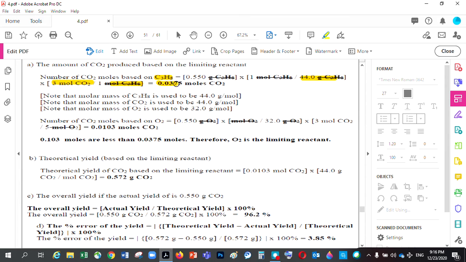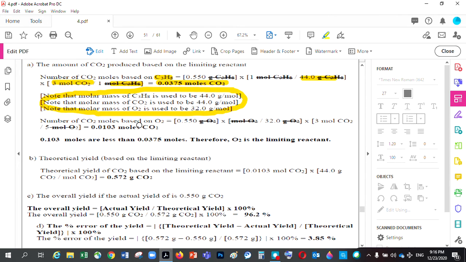So I get the value of 0.0375 moles of CO2. That's the amount of product produced if I use 0.550 gram of propane. Those are the molar masses I use.